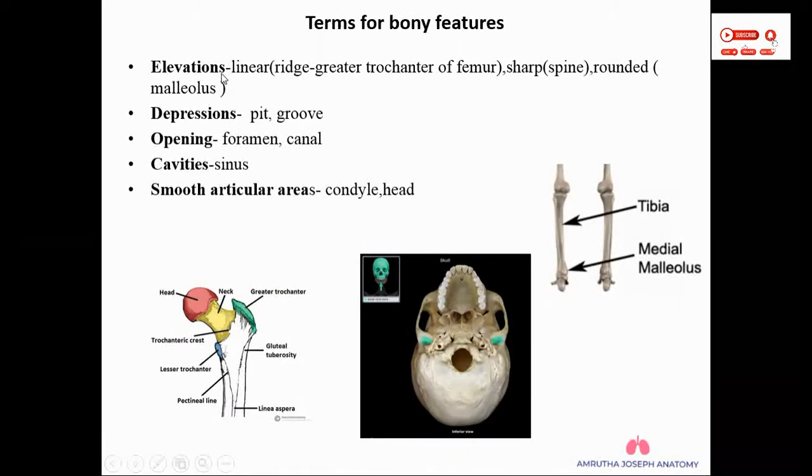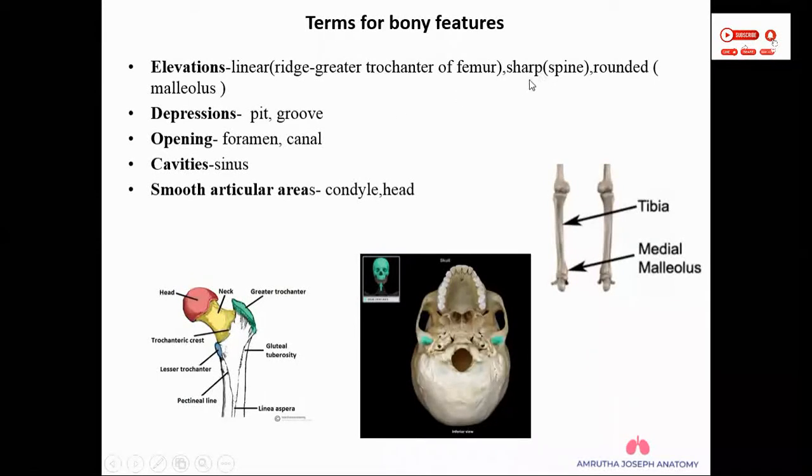If you have a linear projection, that is included as an elevation, which includes a ridge. Example: the greater trochanter of the femur. This is the femur, a bone of the thigh, where you can see a projection here. That is called a ridge, specifically the greater trochanter of the femur.